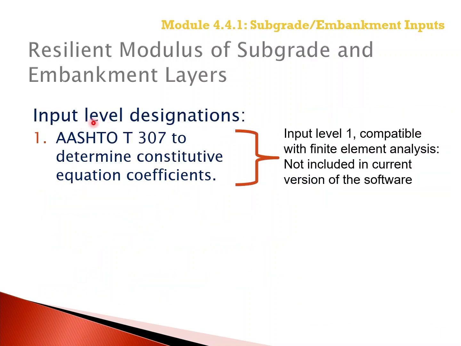So, the input level designations: with AASHTO T307, that data is used to determine the constitutive equation coefficients. This is input level 1. It's compatible with finite element analyses or layer response programs. But that finite element response program is not included in the current version of the software, or the user does not have access to that finite element version.